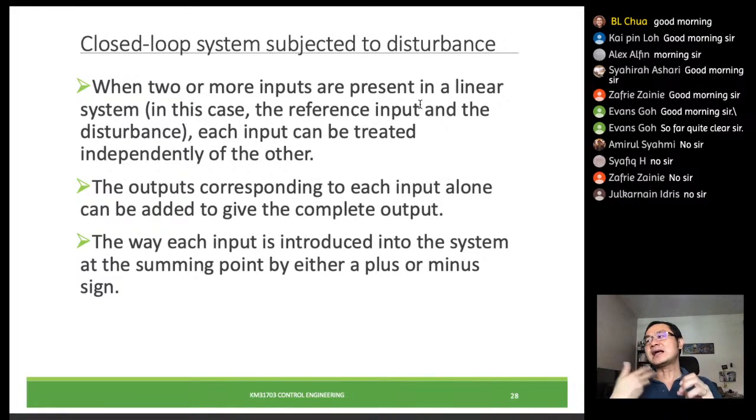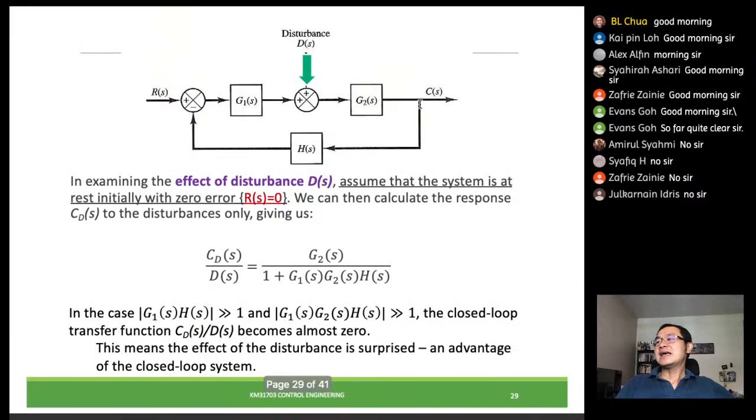That kind of disturbance will be injected into the line of your block diagram, as shown here. So you may have a regular feedback system when you don't have this disturbance. But then this disturbance can come over here. If it comes over here, you just add them up, very fine, right?